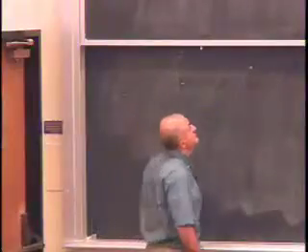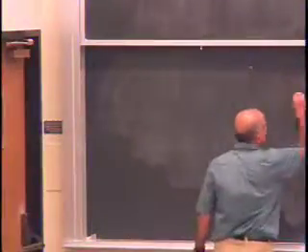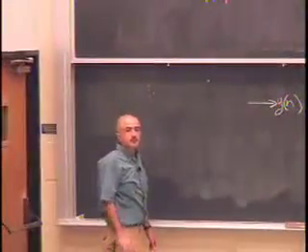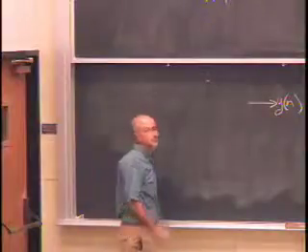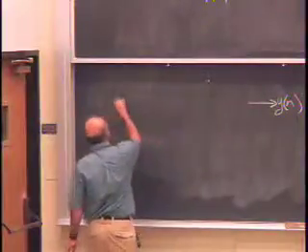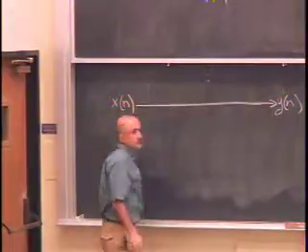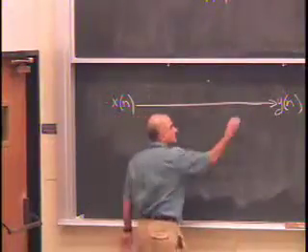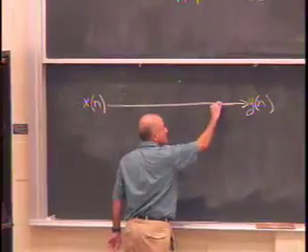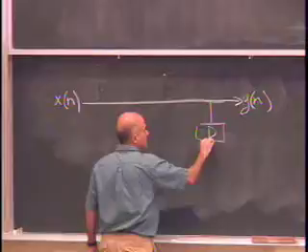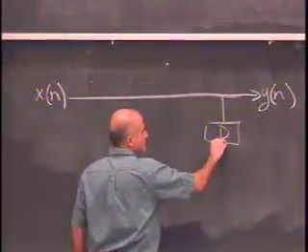So I started off the line going from X all the way over to Y of n. And then here the Y of n, and I had a line going down into the delay block.